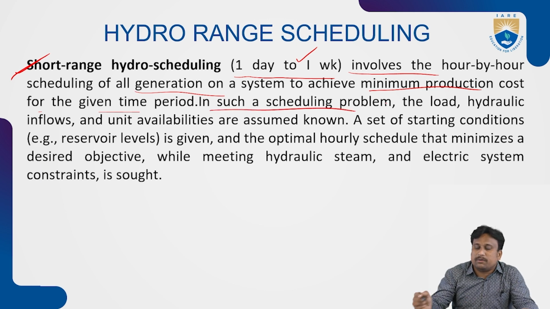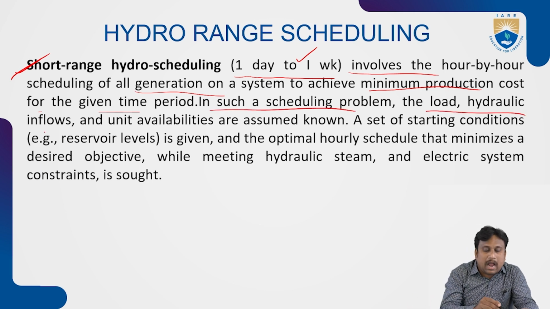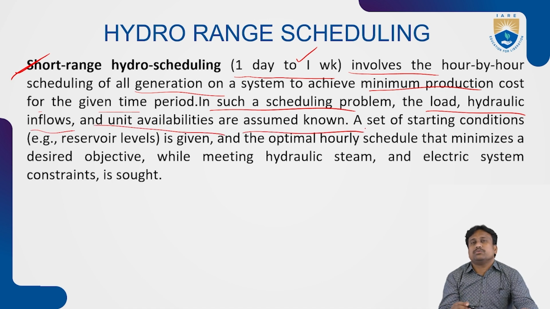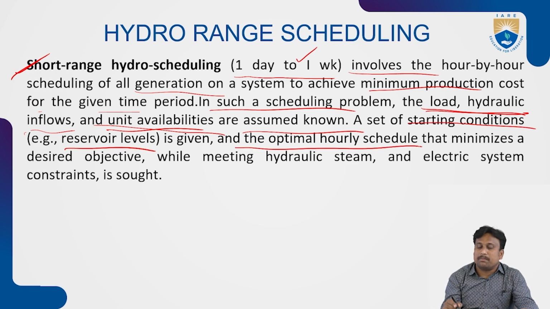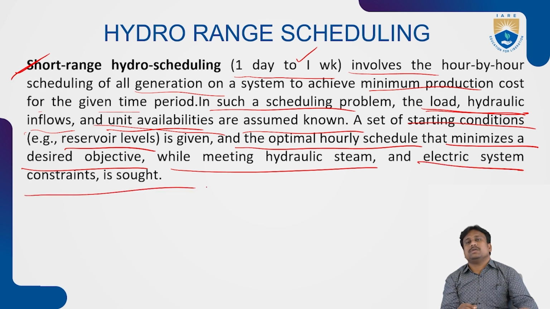So in such a scheduling problem, the load, hydraulic inflows and unit availabilities are assumed to be known. So what are the conditions? We should know the hydraulic inflows and unit availabilities. A set of starting conditions like reservoir levels are given, and the optimal hourly schedule that minimizes the desired objective while meeting hydraulic and electric system constraints is worked out.